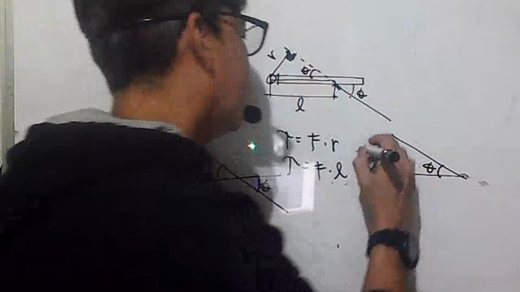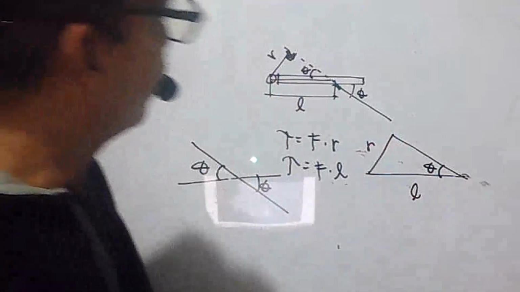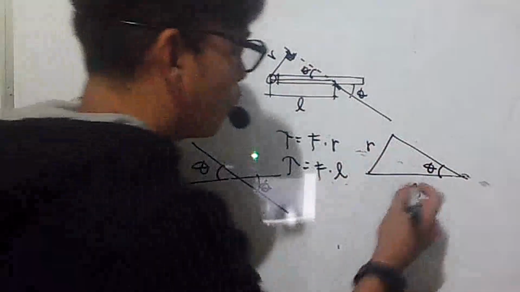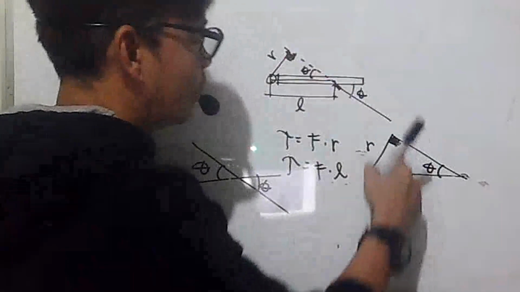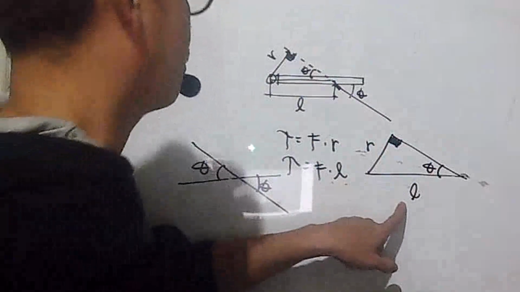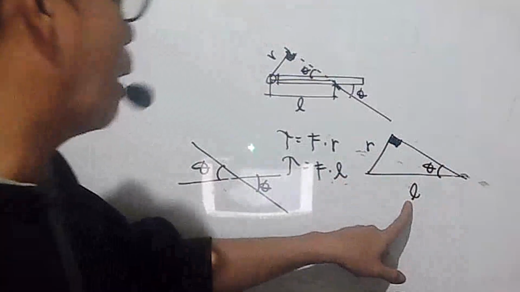Okay, so if this is theta, this is your R, and this is your L. So meaning theta, opposite, and hypotenuse. This is your hypotenuse since this is your 90-degree angle, so it's opposite the 90-degree angle. Okay, so meaning your angle, opposite side, and of course your hypotenuse.